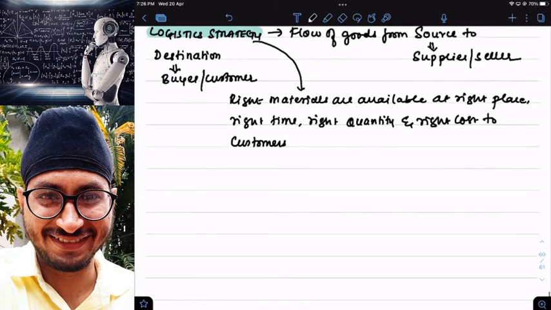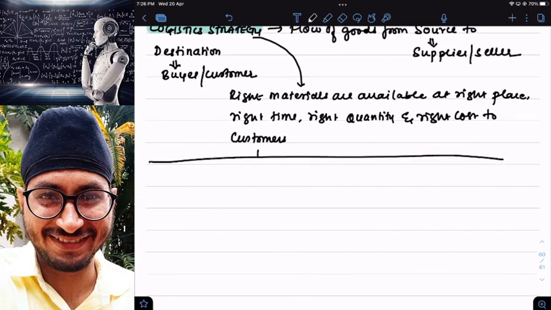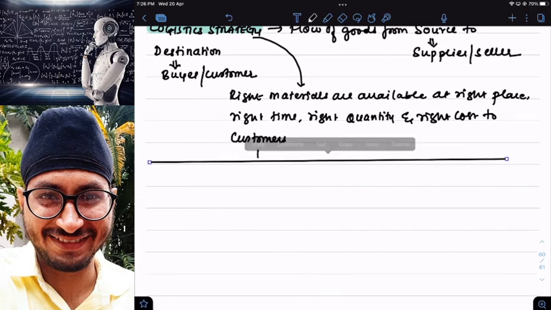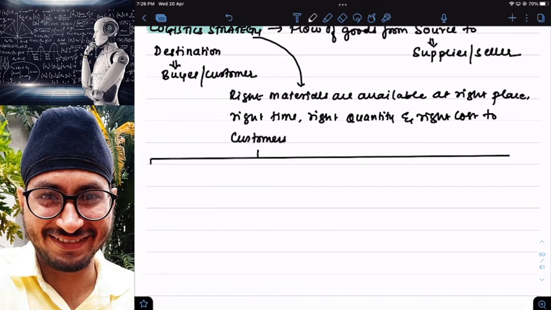Sir, if I want my logistics strategy to be successful, then some points I need to consider. Number one, which sources of raw materials are available? Should I depend only on one source or multiple sources?